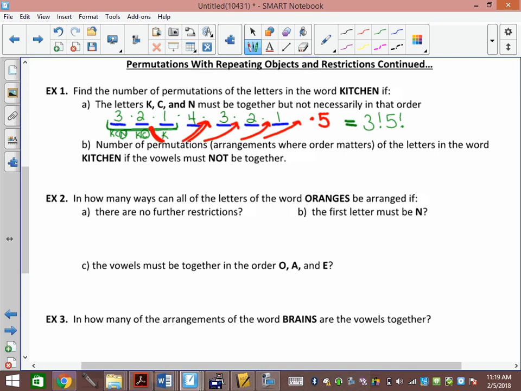And you're correct. So the fastest way to tell how many words you make where the vowels are not together is to find out how many ways we can rearrange kitchen with no restrictions. That's like how many people are in this school, right? How many ways can we do kitchen, no restrictions?